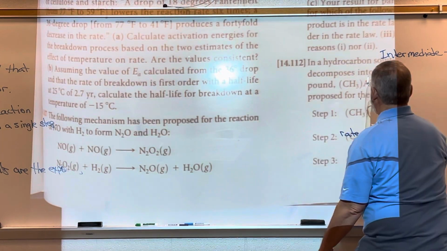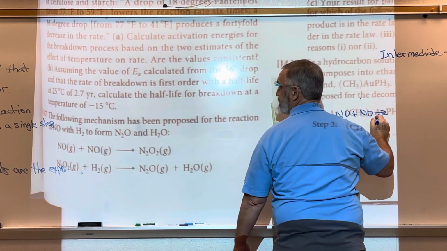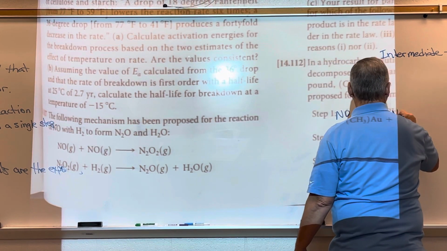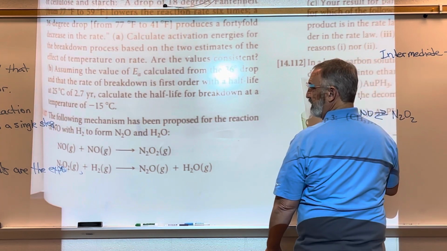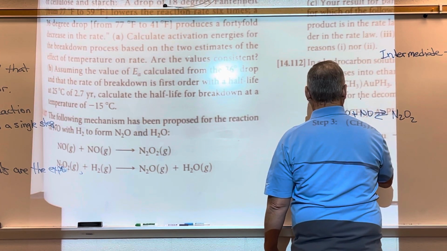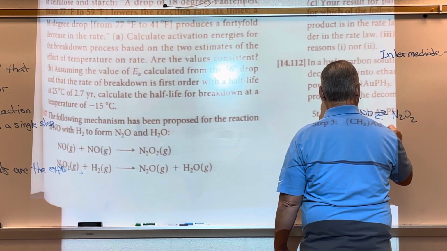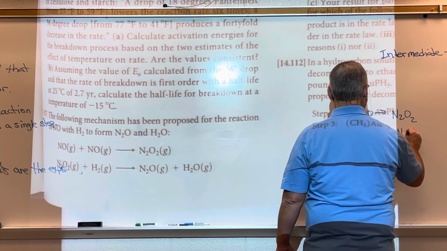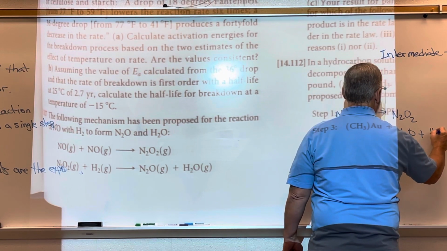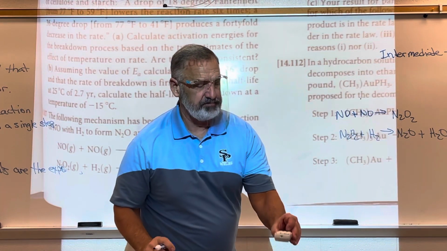So we have NO plus NO goes to N2O2. Then the other one is N2O2 plus H2 goes to, there's only one arrow, N2O plus H2O. So, what's the rate law?